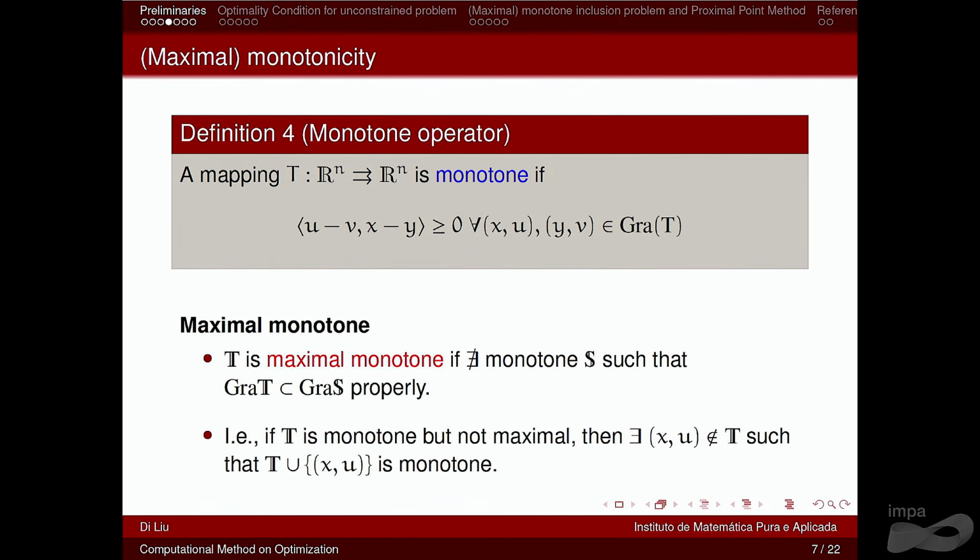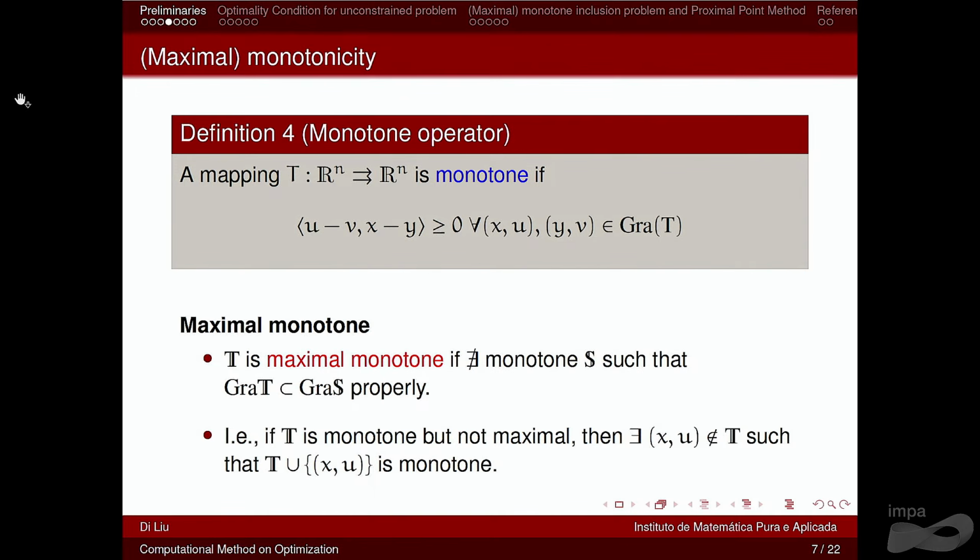Okay, next we will introduce a kind of operator or set valued mapping which is called monotone. Okay, we say a mapping T from Rn to Rn is monotone if it satisfies this inequality. Okay, for any (x, u) and (y, v) belonging to the graph, it satisfies this inequality.